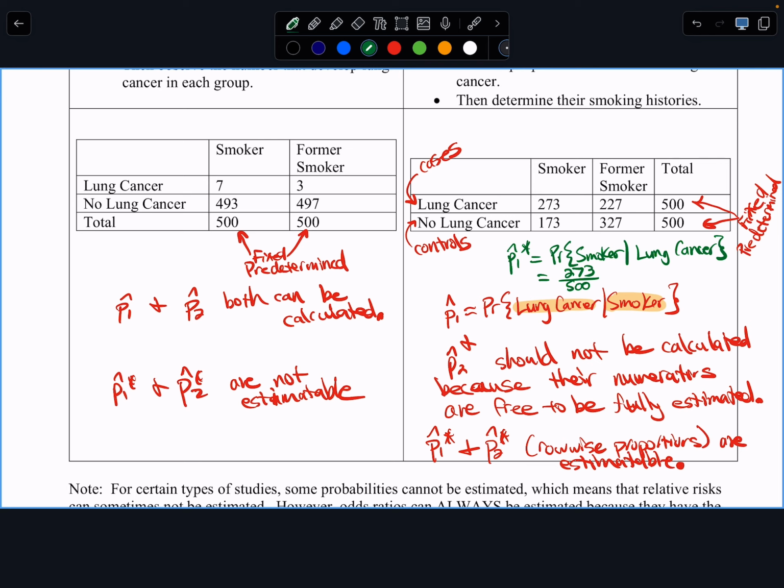I'm going to give you a hint. It starts with the letter C. Categorical, right? When we have one categorical variable, binomial test, chi-square goodness of fit, right? Two categorical variables, chi-square test of independence, Fisher's exact test, and odds ratio, right?